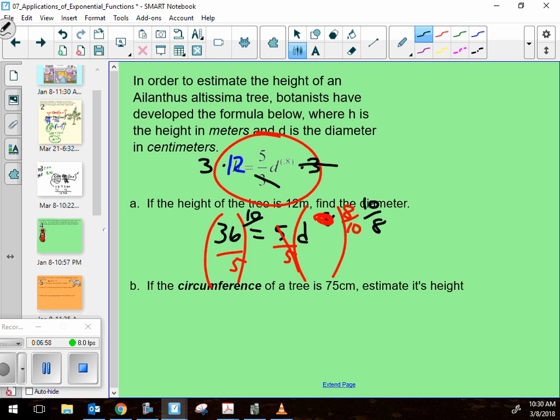Also known as 10/8 would be the same as 5/4 power. That would have worked. All right. So final answer. Find the diameter. D equals 36/5 to the 10/8, also known as 5/4, or also known as 1.2 power.